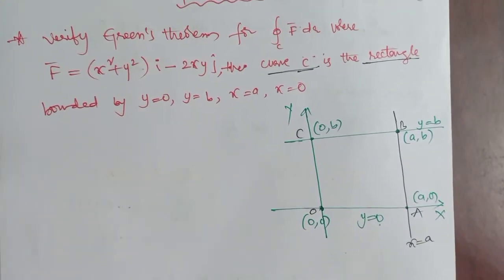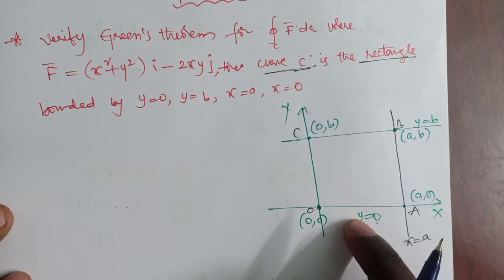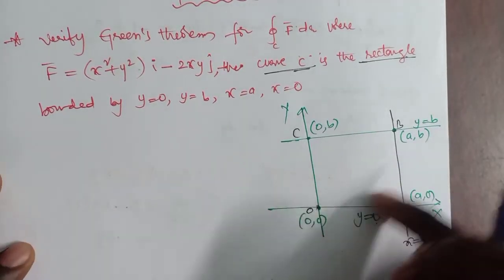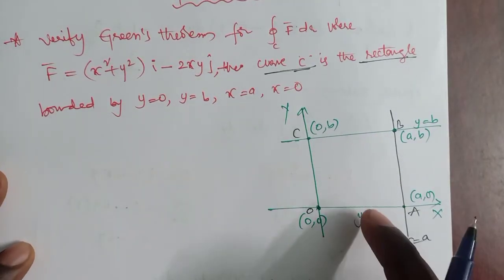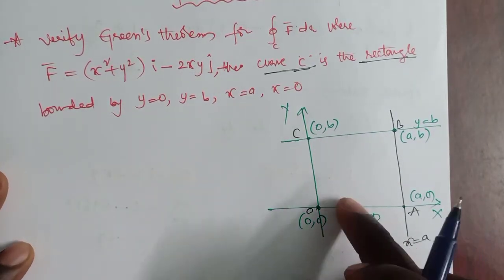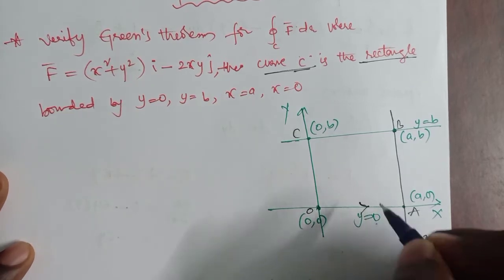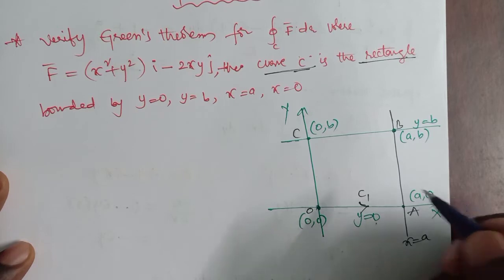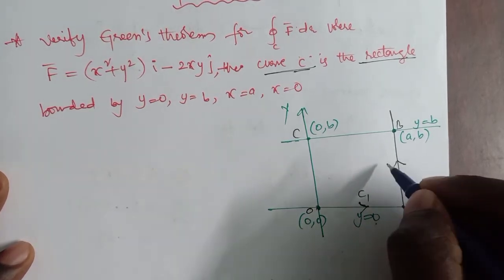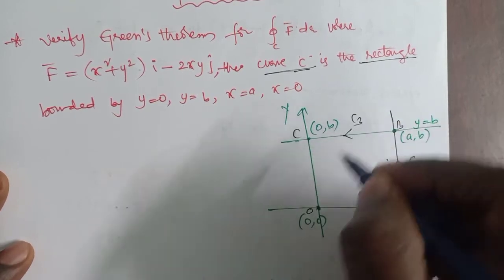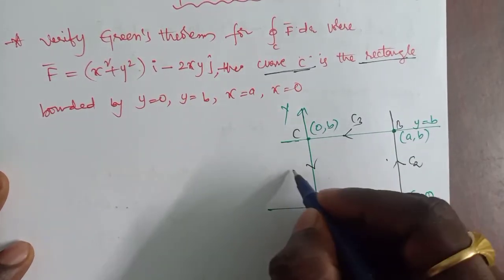Here we have 4 curves. It is a closed curve since it is a rectangle. The direction of the curve is anti-clockwise, so from O to A the curve is C1, A to B it is C2, B to C it is C3, and C to O it is C4.